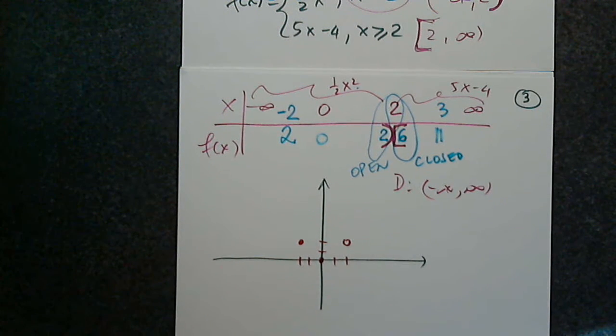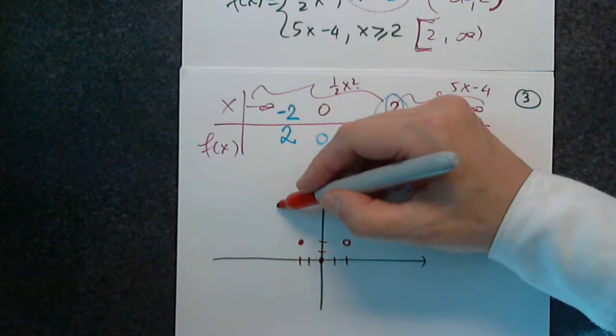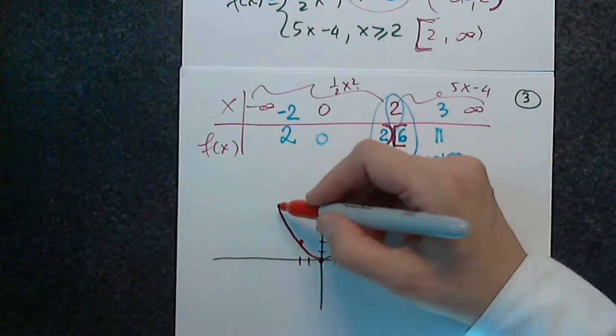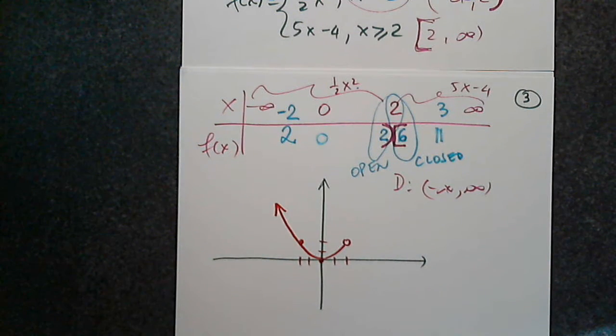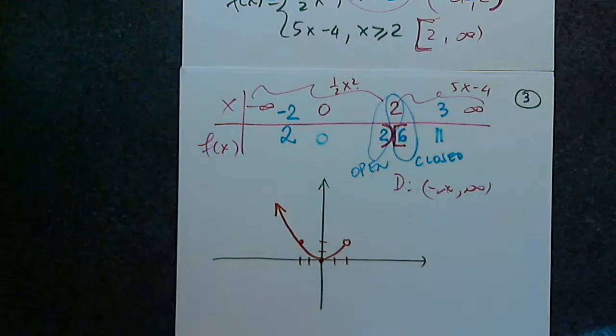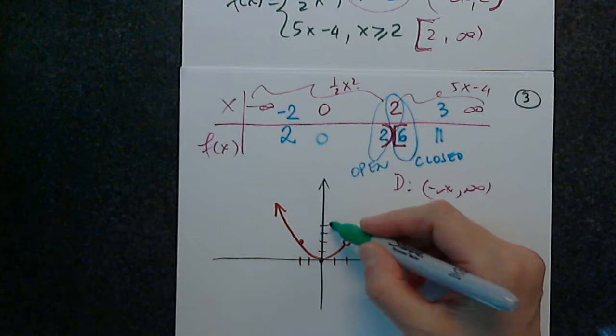But this is a quadratic function. So this is the graph of a quadratic function, and it cannot be extended to the right. That's why I wrote it up here. Between negative infinity and 2, this is the function and nothing else. Now on the other side, I started at 2, 6. 3, 4, 5, 6.